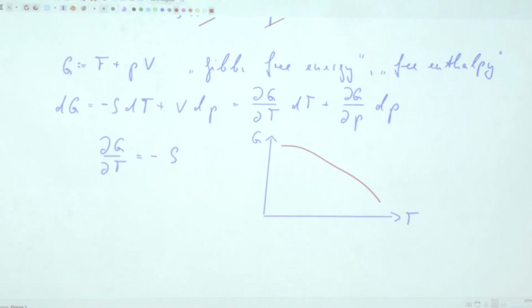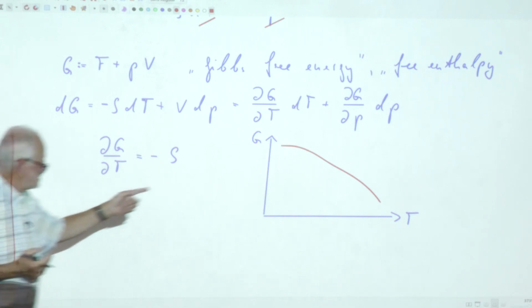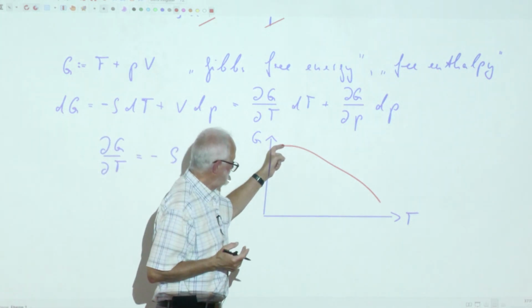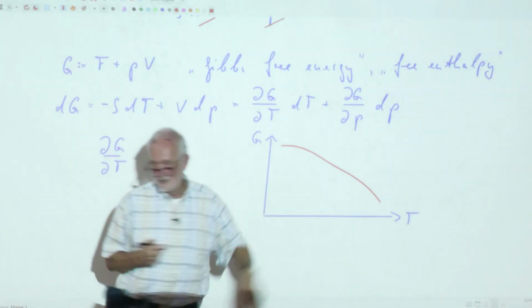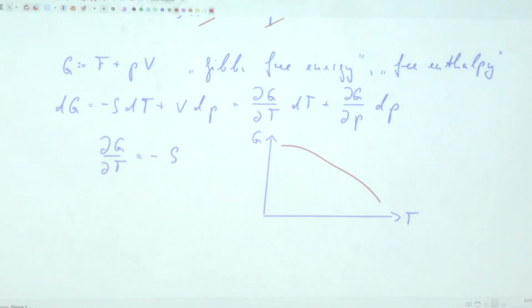Just by intuition, we can assume that a solid has a low entropy. It's quite well ordered, while a liquid has a higher entropy. If it has a higher entropy, this means that the slope for the liquid phase is steeper than for a solid phase.